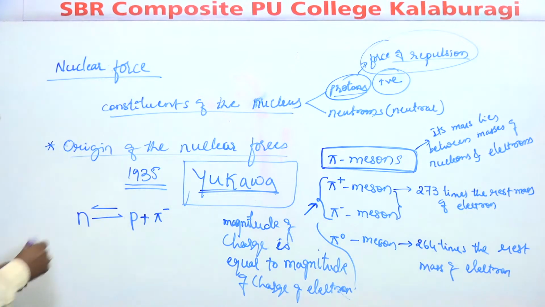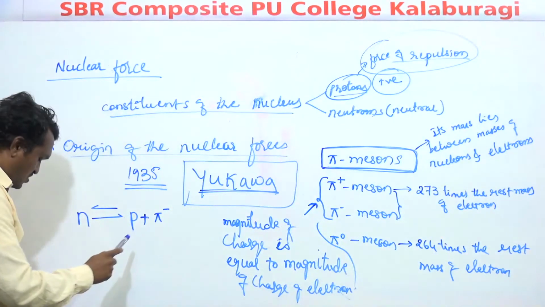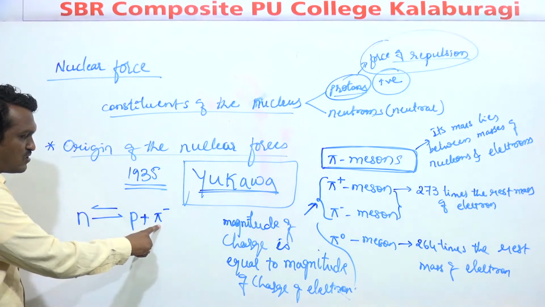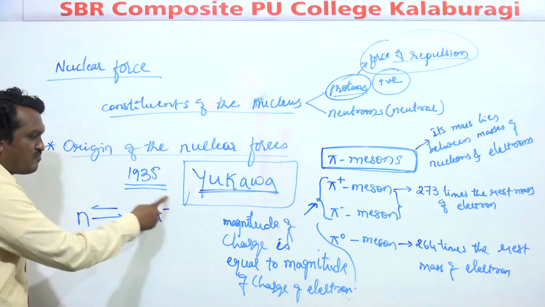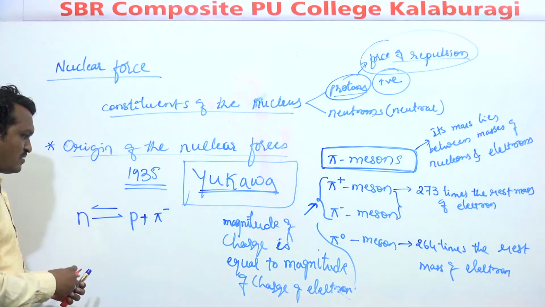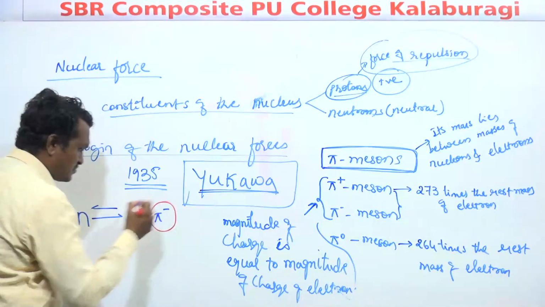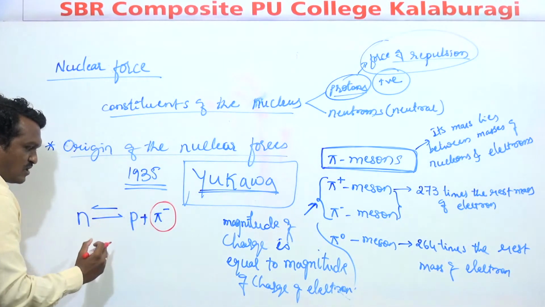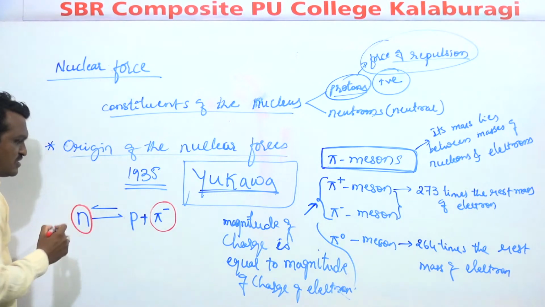So when a neutron converts into a proton, it emits a pi minus meson. Likewise, if it absorbs it, it will convert into a neutron.